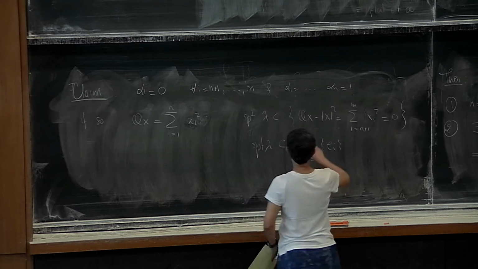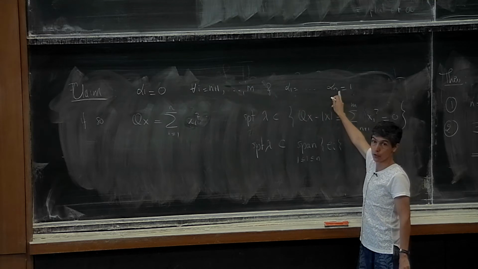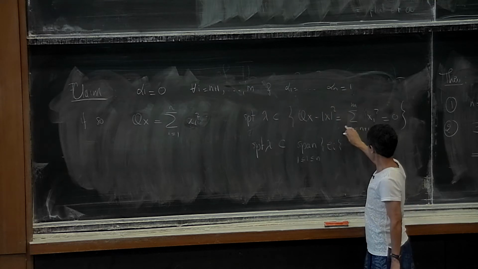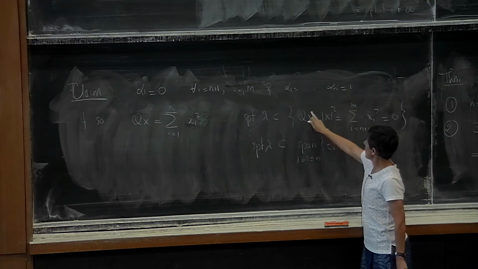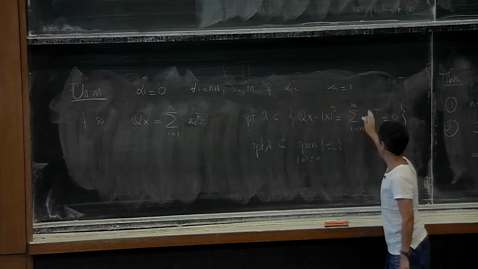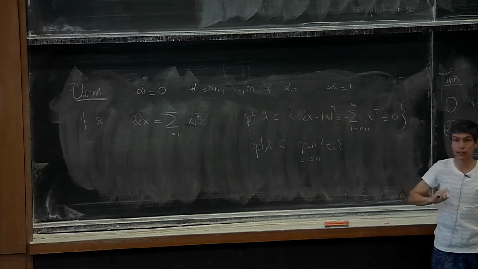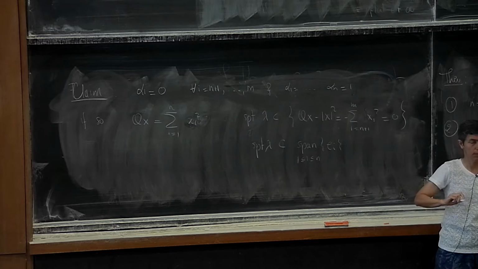I'm going to prove that the alpha_i's are all 1s up to here. Here I have the sum from i equals 1 up to m. When I remove the first n ones, I only have these ones left.